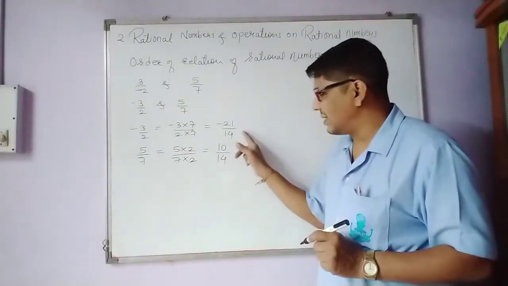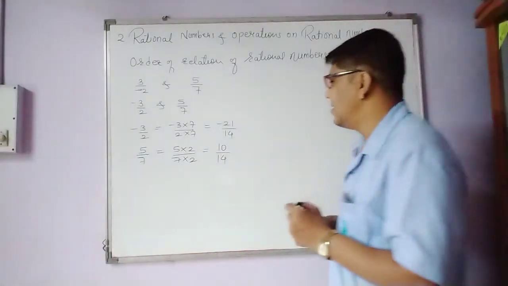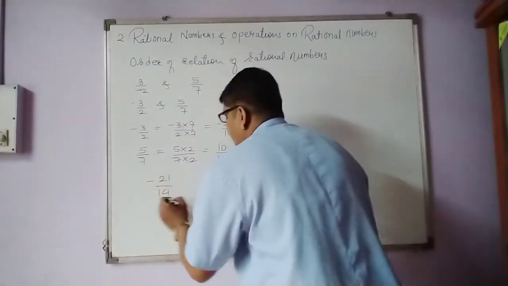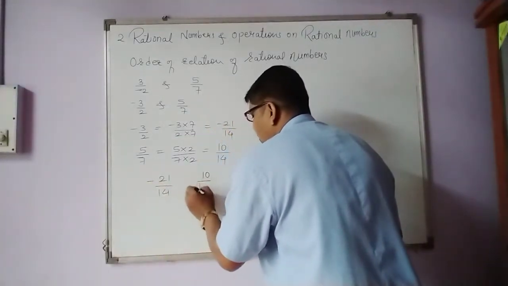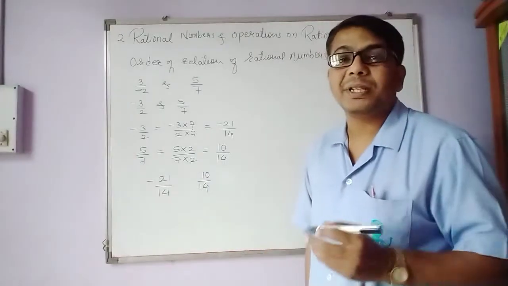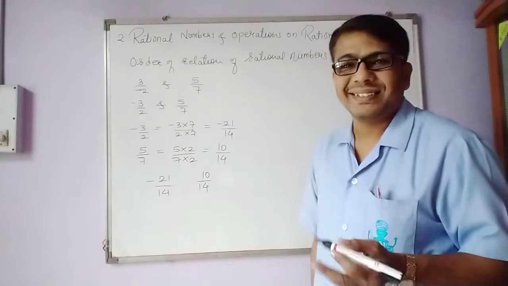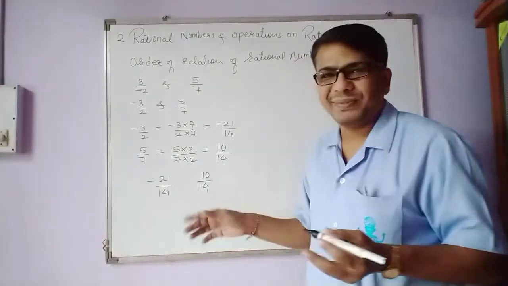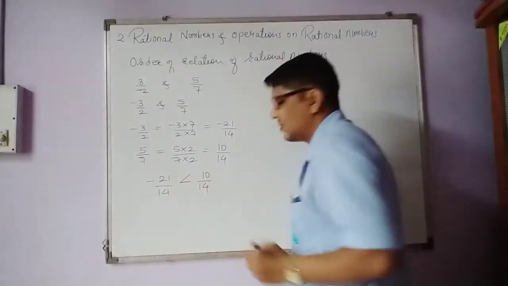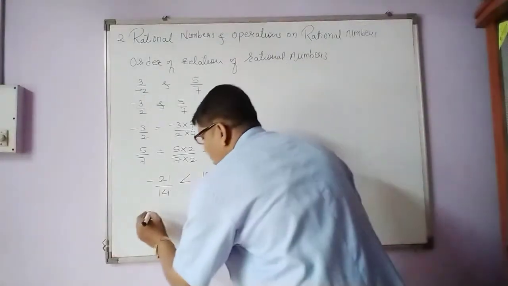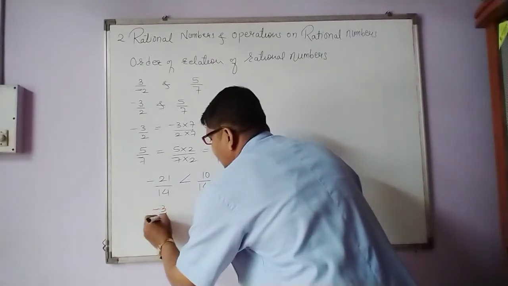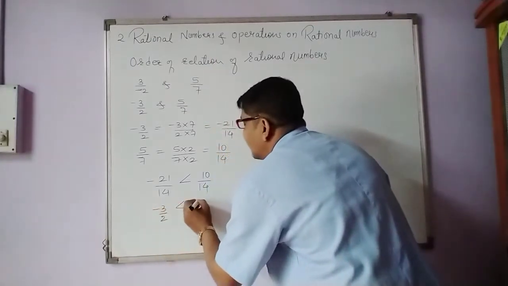Are the denominators same? Yes. Now I have minus 21 upon 14 and 10 upon 14. Which is bigger? Definitely the positive number is going to be bigger. So minus 21 upon 14, which is minus 3 upon 2, is smaller than 5 upon 7.